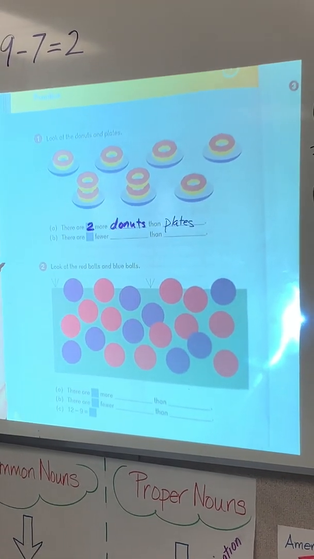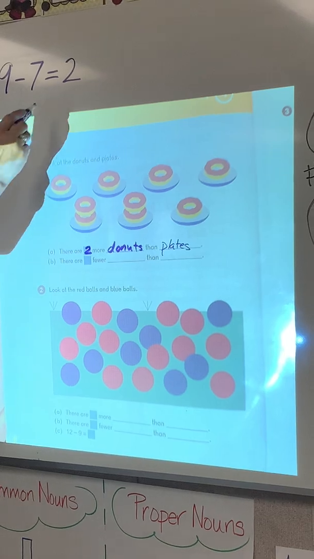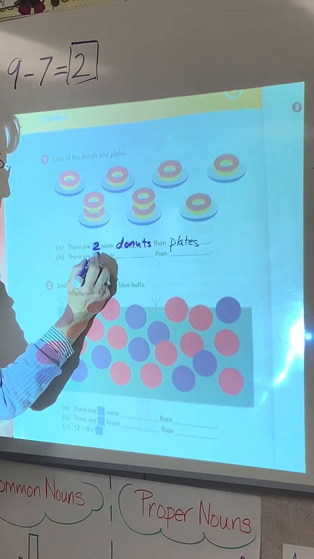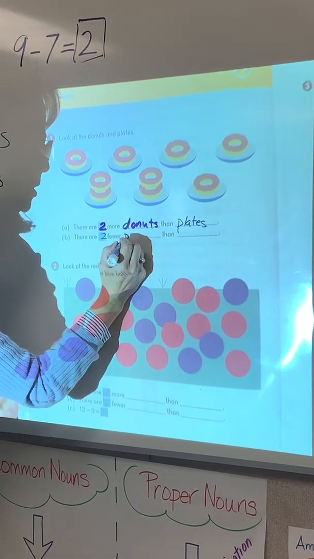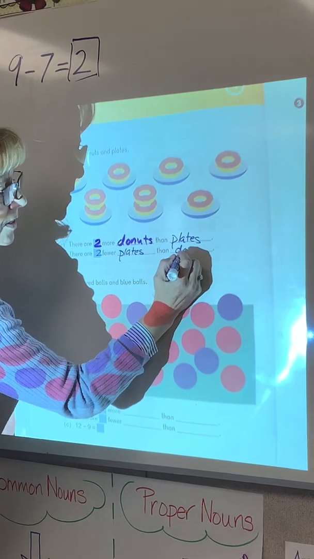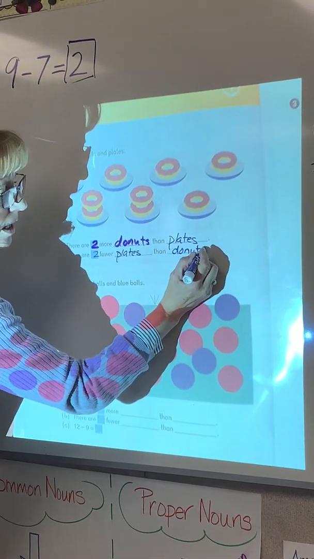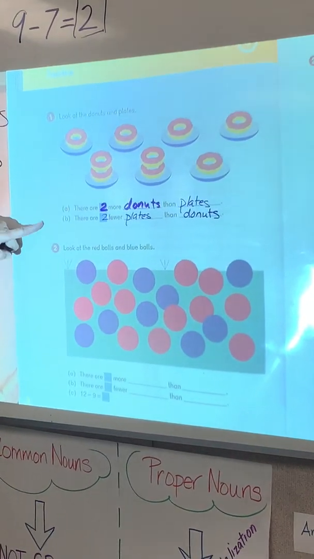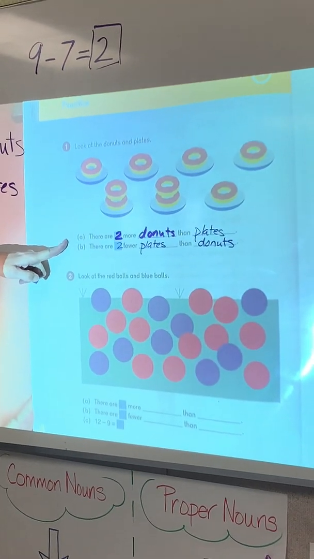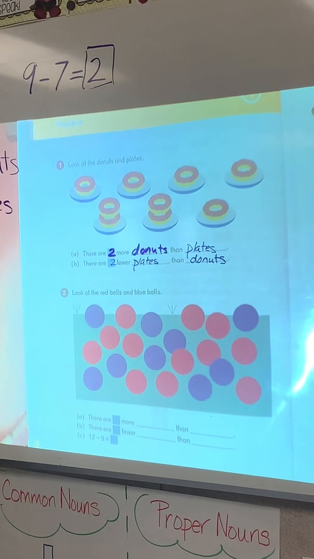How many fewer? 2, that's right. The number doesn't change, does it? There are 2 fewer plates than donuts. This is just asking the same equation question in a different way. One's more and one's fewer, okay?